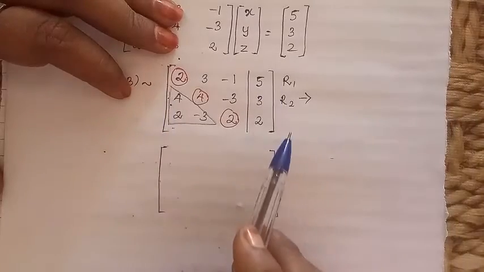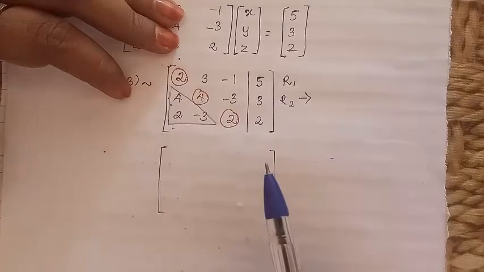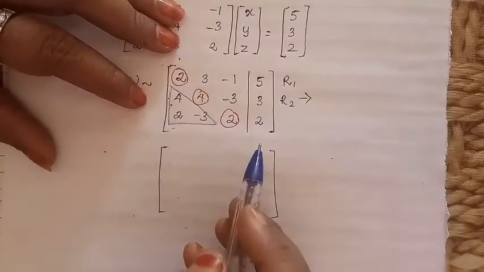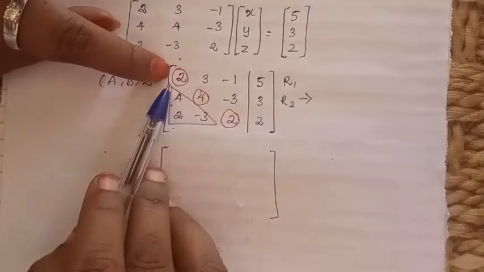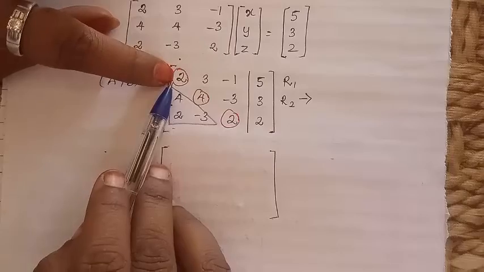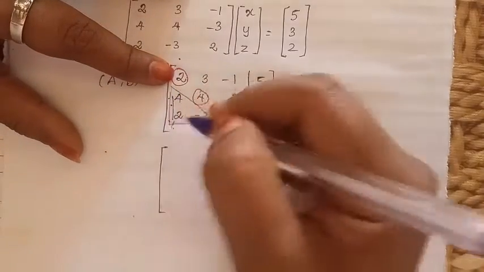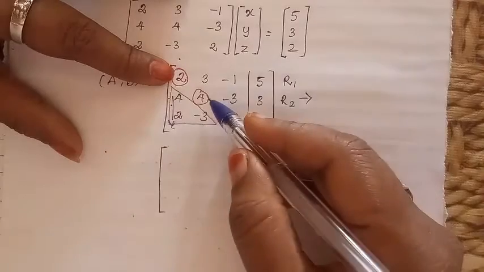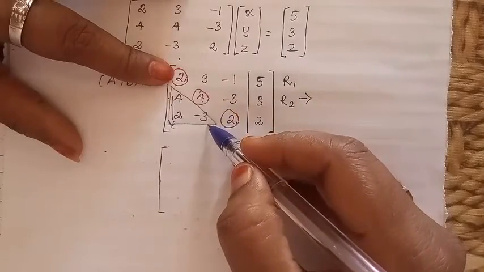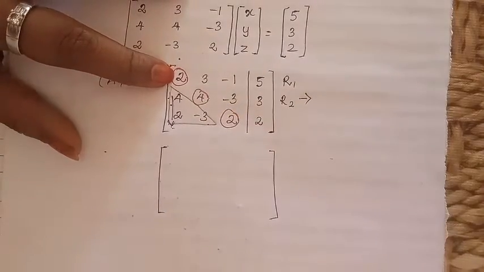To reduce this matrix to an upper triangular matrix, let us take it column by column. In the first column, the element 2 is a diagonal. First, let us make the elements below 2 be 0. Then we'll take 4 and make the element below 4 be 0. We'll solve it one by one.